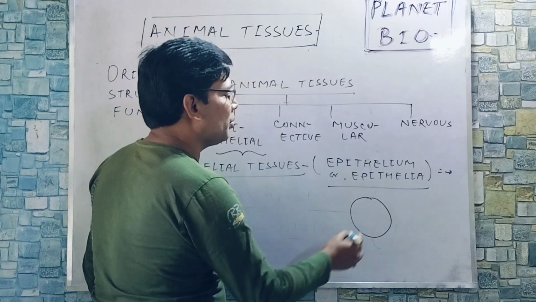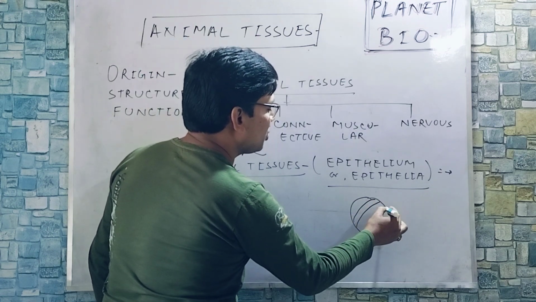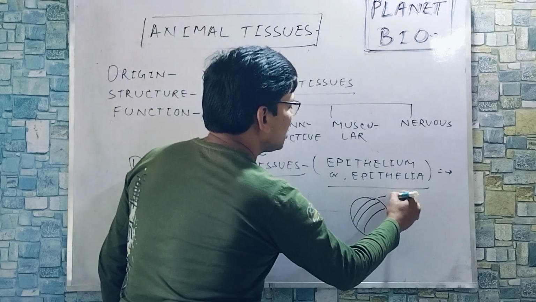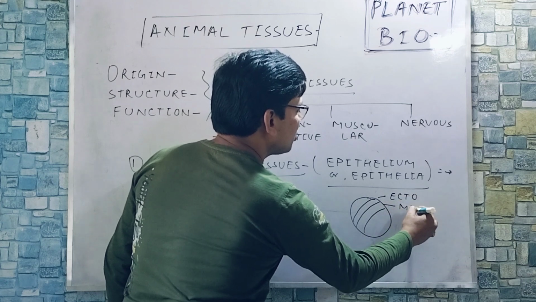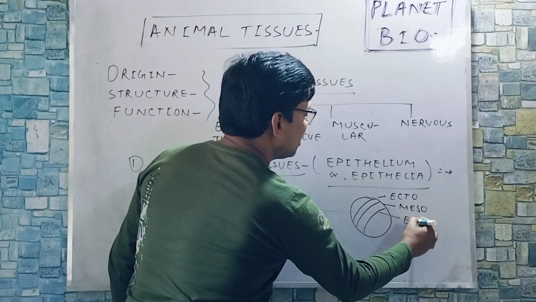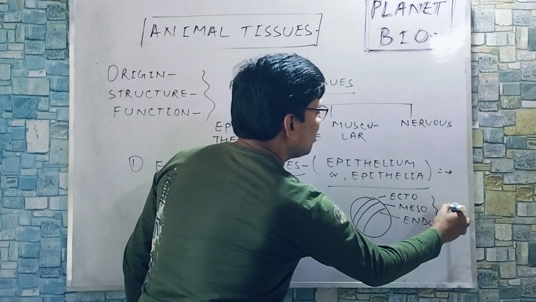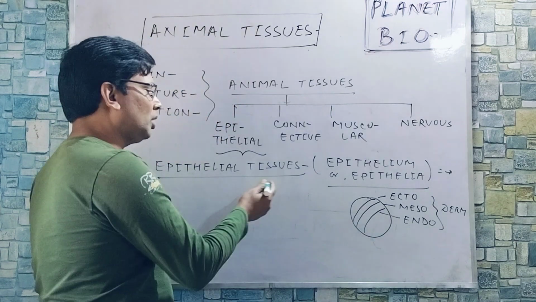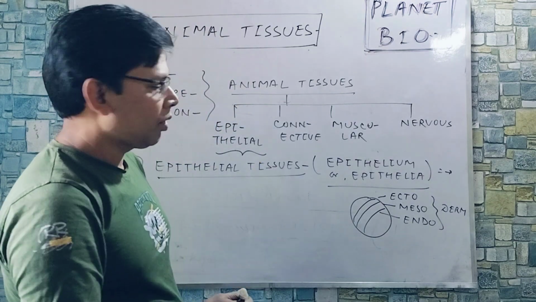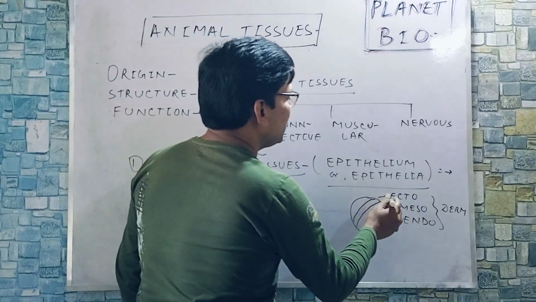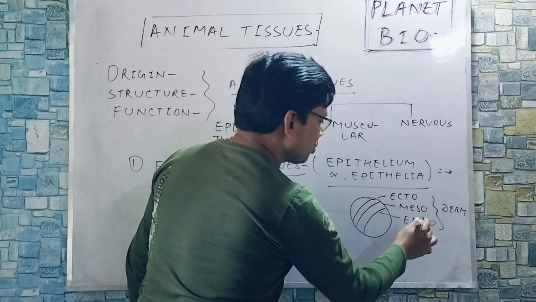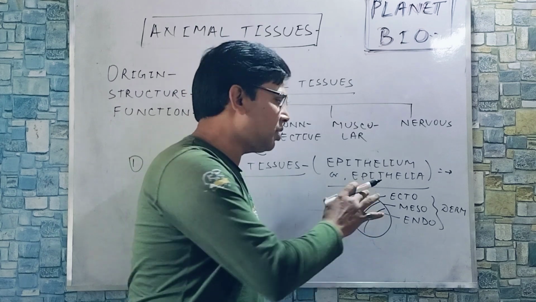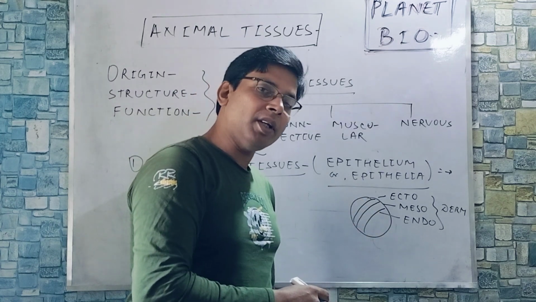Suppose this is a developing embryo. During the course of development of embryo, three germ layers are formed. The outer one is ectoderm, the middle one is mesoderm, and the third or inner one is called endoderm. From all these germinal layers of the developing embryo, epithelial tissues develop. So, epithelium is ectodermal in origin, mesodermal in origin, and endodermal in origin. Means it develops from all the three germ layers of a developing embryo.